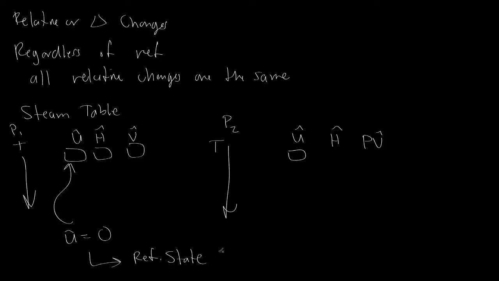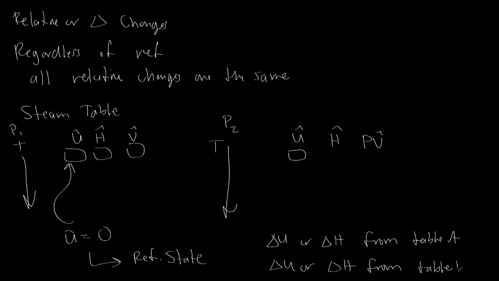So when looking at a particular table, the delta U or delta H from some particular table will be the same as delta U or delta H from a different table. But one thing to keep in mind is never mix two different tables.